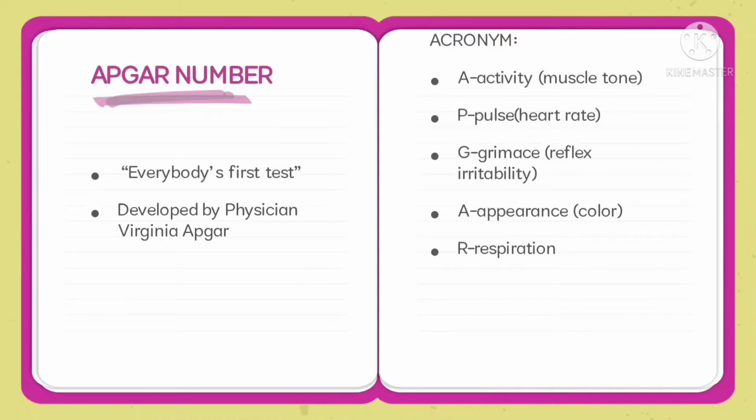By the way, a useful acronym for remembering the 5 variables in the Apgar is APGAR: A stands for activity or muscle tone, P for pulse or heart rate, G for grimace or reflex irritability, A for appearance or color, and R for respiration.